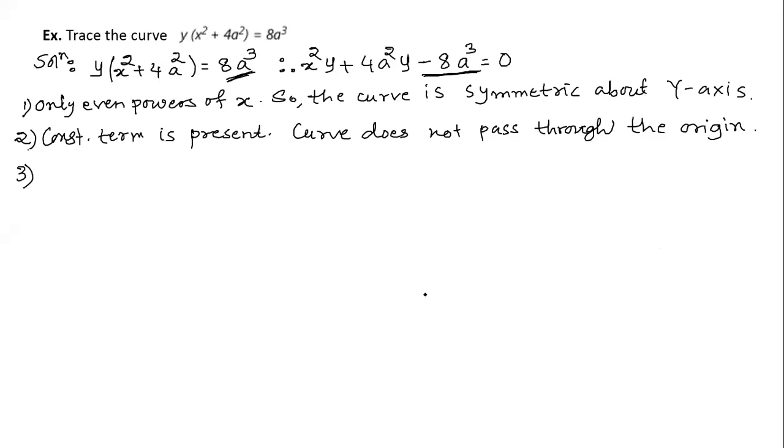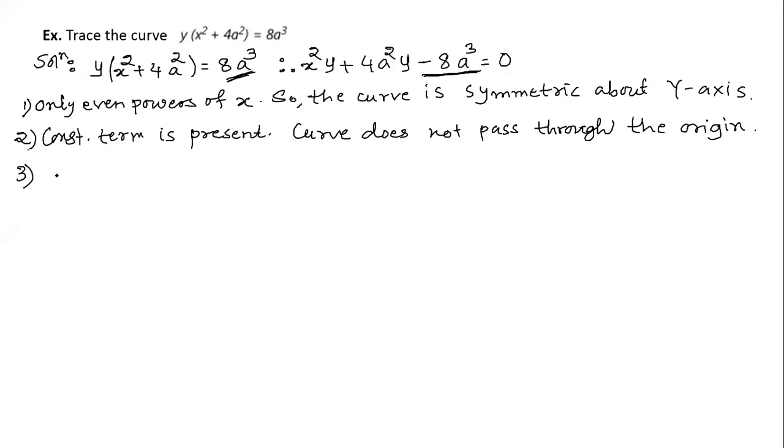Then property number 5 was if there is no constant term, then the curve passes through the origin. And property 6 is if curve passes through the origin, then tangents at the origin are given by equating to 0 the smallest degree terms in the equation. Actually, the curve is not passing through origin, so there is no question of tangent at origin. So there is no question of property 6.